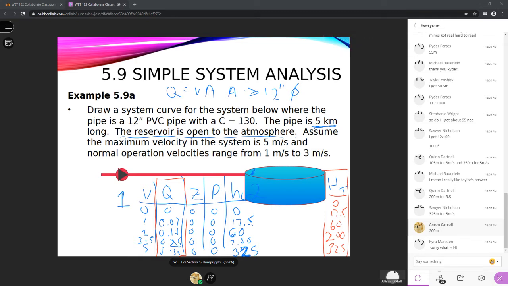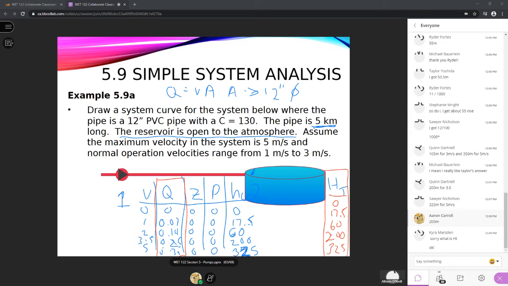It's the requirements that the system is demanding. Okay, so what I'm going to do is move to a blank screen, folks, and then we're going to graph this.